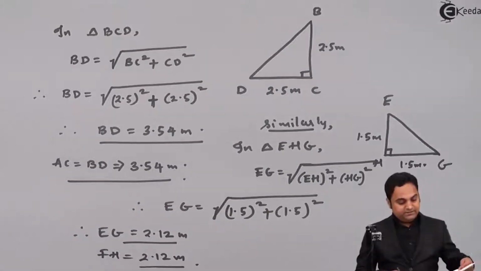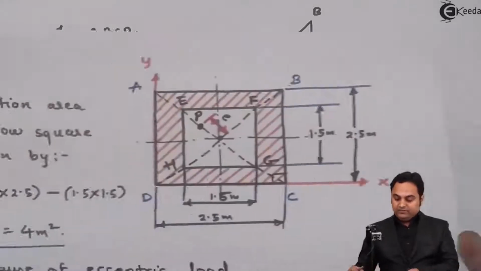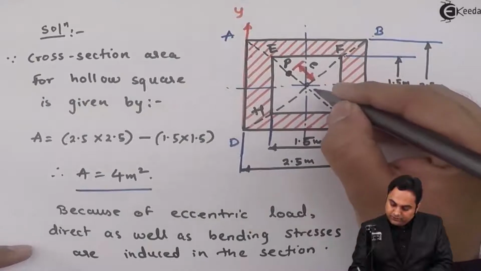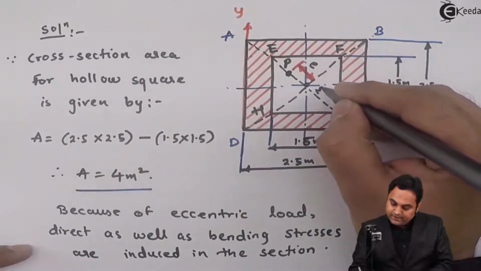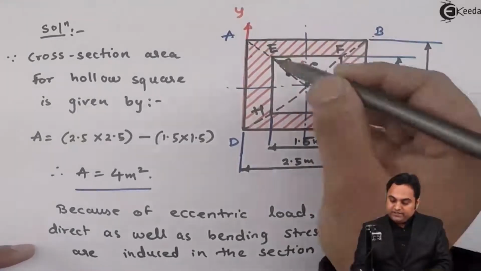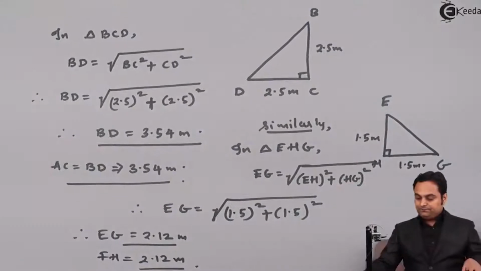The next thing is, after getting this, we can get half of the values, that is from the center. I'll call this point M, that is the midpoint here. So once I know AC, I can calculate AM as well.